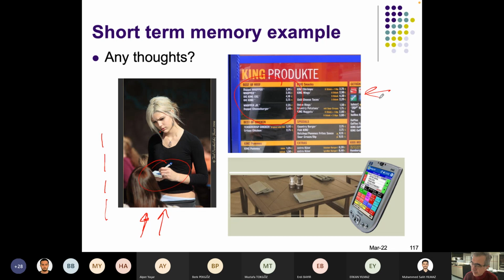Each of them has a limited amount of items. In that case, since the magic number is 7, you can capture all those and process that in your short-term memory and make a decision. If you don't want anything from that part, you ignore that. You close that window and then move to the next one. Another processing.